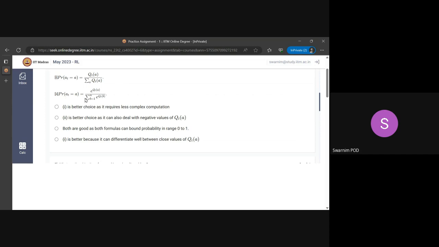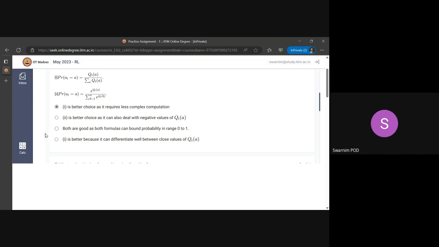And the second one: you take e raised to the power of the estimate of that particular arm, divided by the sum of e raised to the estimates of all the arms. So it's a standard softmax formula.